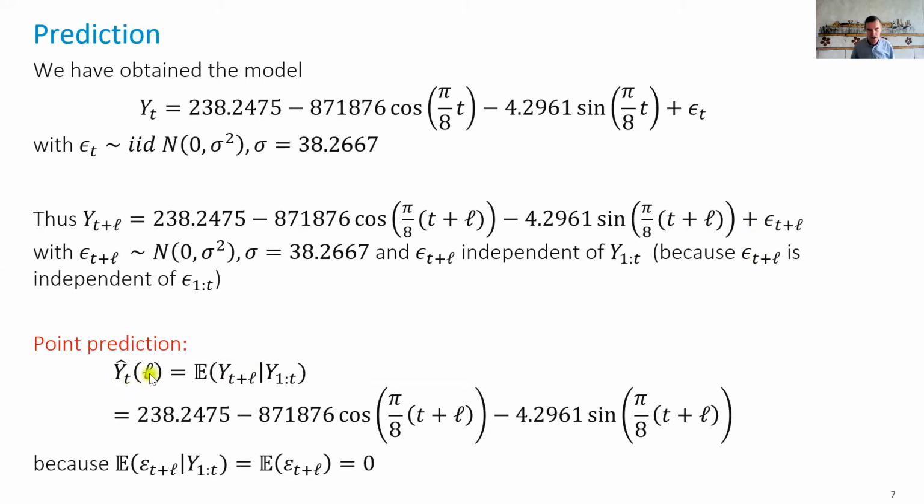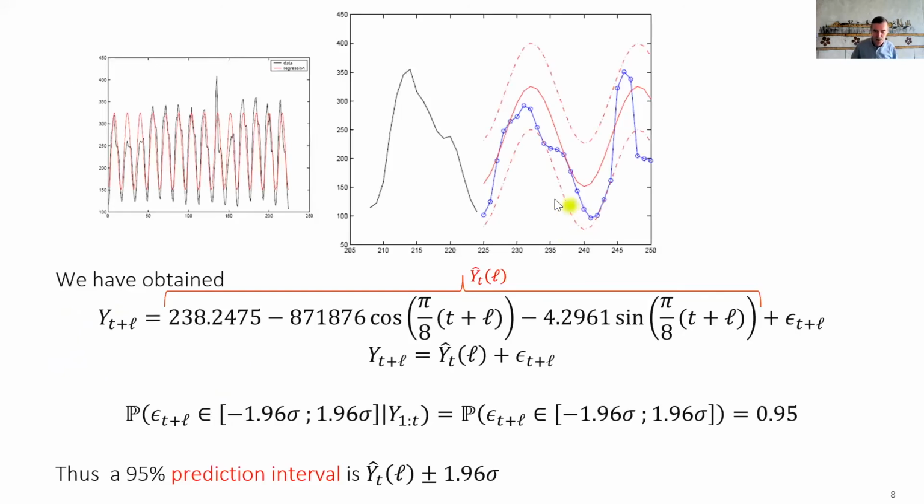That's the best I can say, or at least one. If I want to summarize the future with one value, that's one value I can say, which is very often the only value that is given. So for example, on this curve here I'm showing the past data, and here I'm showing the prediction. So the last part here is the same as this, but the y-axis scale has changed. Here I have inflated the y-axis to show more.